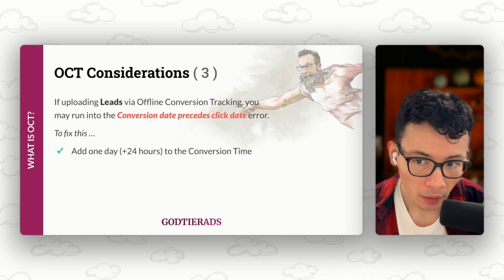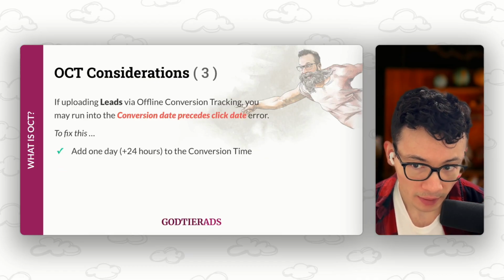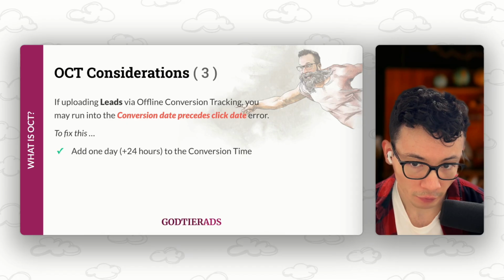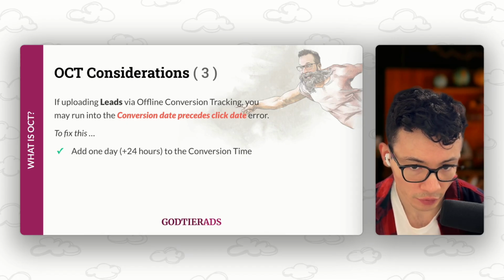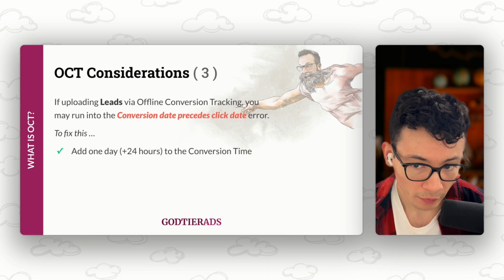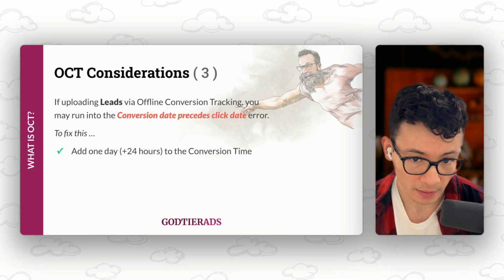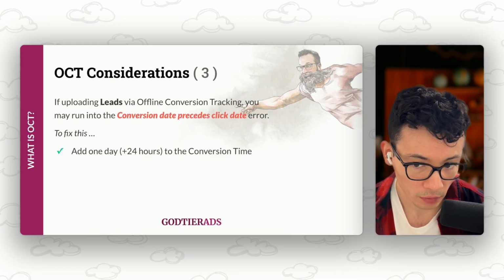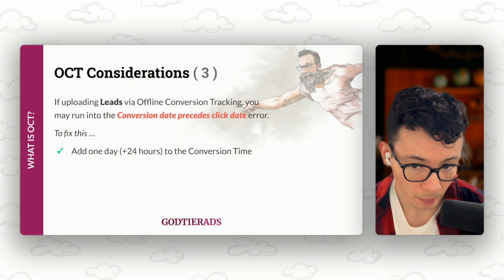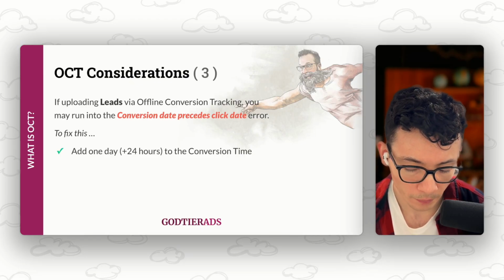And then the final consideration is if you are uploading leads through offline conversion tracking instead of using the online conversion tracking method, you may run into an error thrown inside of the Google Ads UI where it says that the conversion date precedes the click date. Now, to fix this, it's quite simple. You just need to offset the conversion time by 1 day, or plus 24 hours to the conversion time.